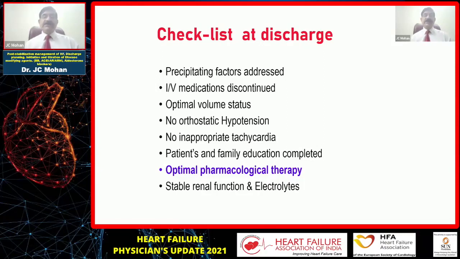The patient and his family have been well educated about all aspects of heart failure. Optimal pharmacological therapy has been initiated at discharge, or there is a definite plan for how to initiate it in case it is not optimal at the moment. And of course, stable renal function and electrolytes have been achieved.